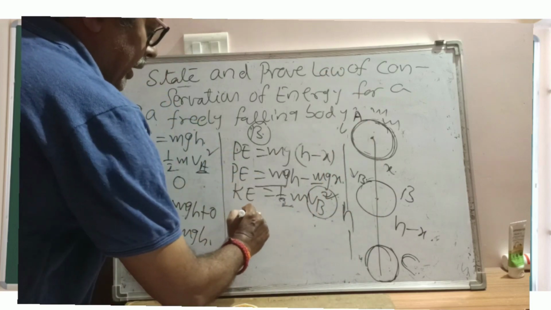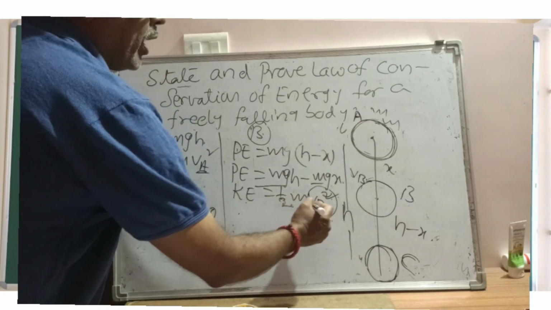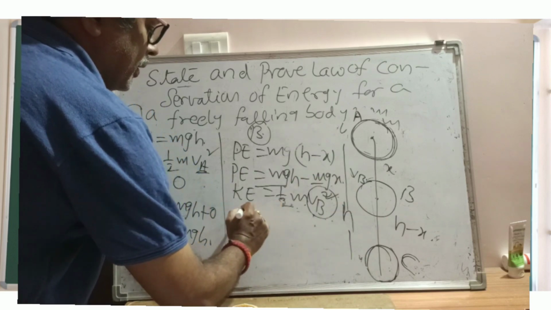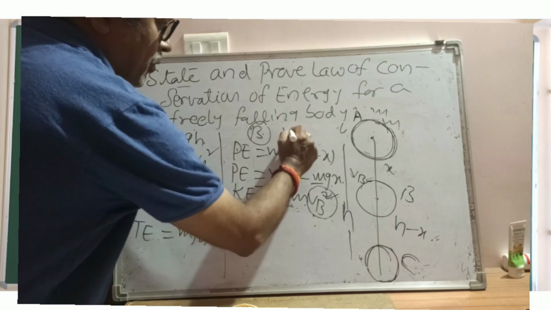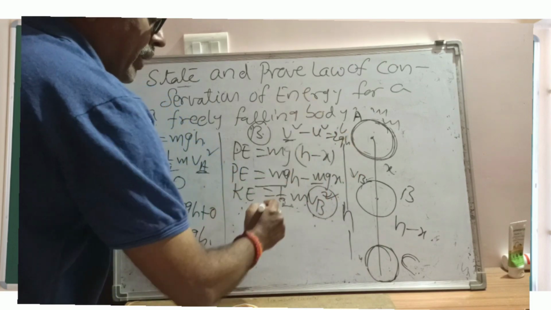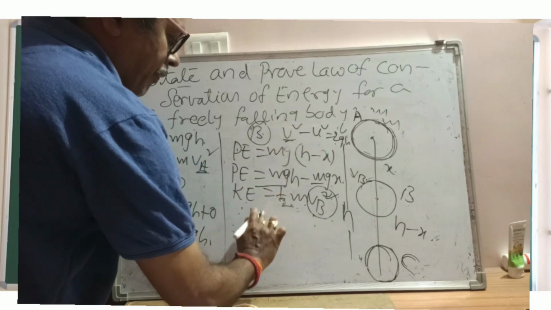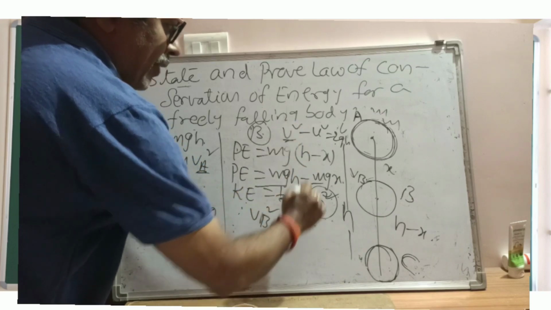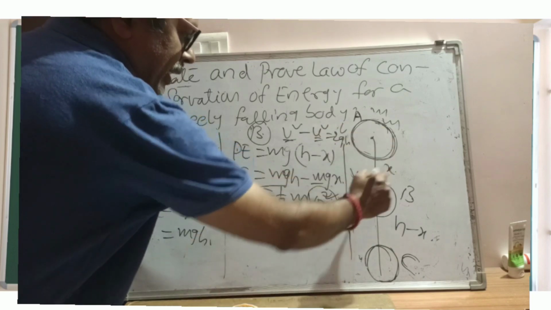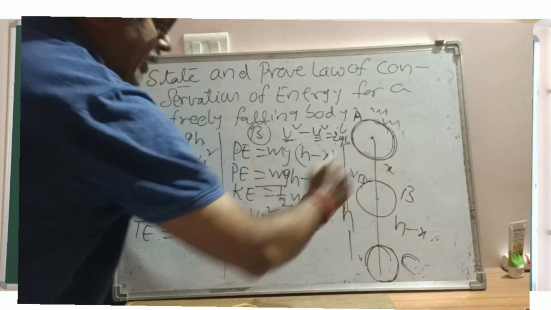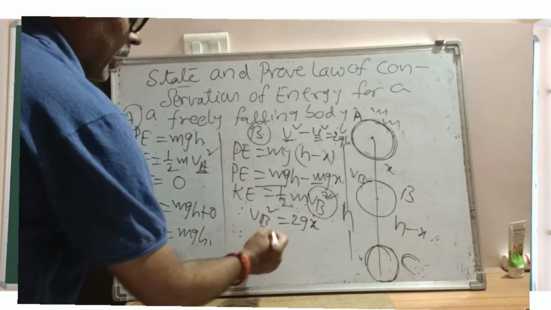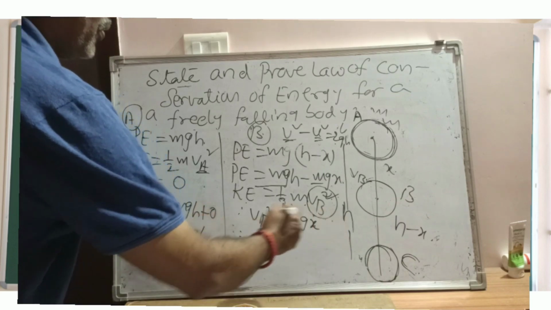Therefore, kinetic energy can be written as 1 by 2 m vb square, but according to the formula v square minus u square is equal to 2gh, here v square can be written as vb square. Initial velocity is 0, therefore 2g, displacement is the distance travelled, x. Therefore, Vb square is equal to 2gx, and taking square root both sides, Vb is equal to root 2gx.